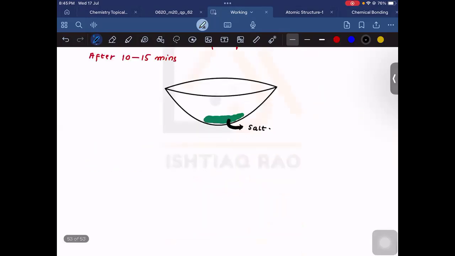Like let's suppose this is the salt that we have separated as a result of evaporation.